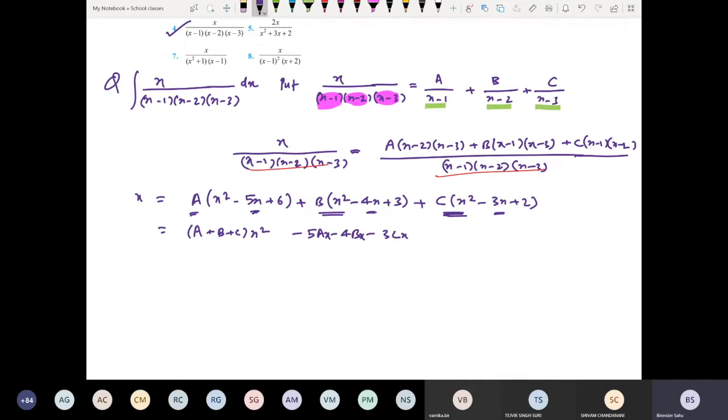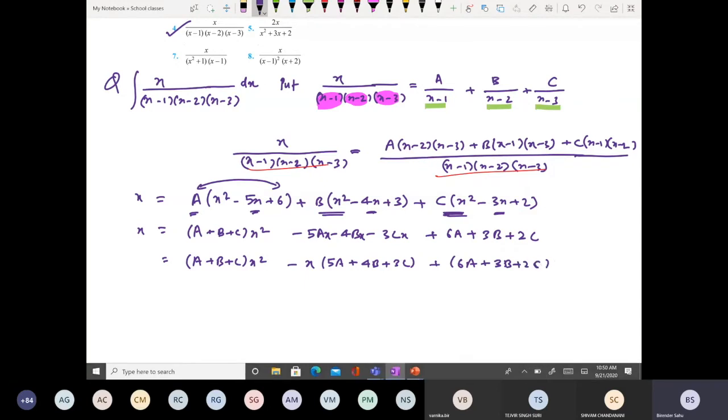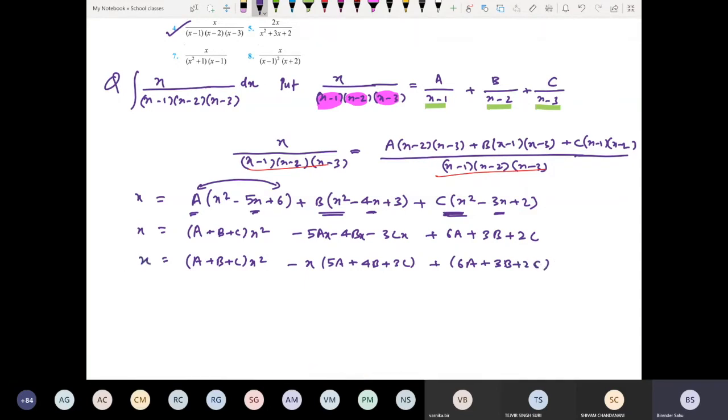You can take minus x common, and the constants are 6A plus 3B plus 2C. So A plus B plus C in bracket x square, minus (5A plus 4B plus 3C) x, plus 6A plus 3B plus 2C.